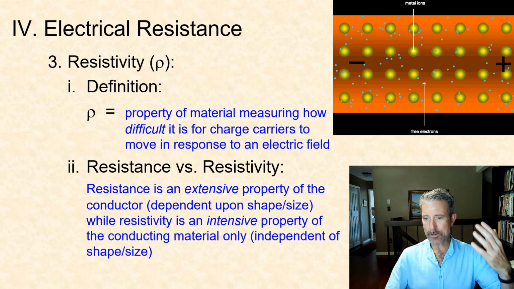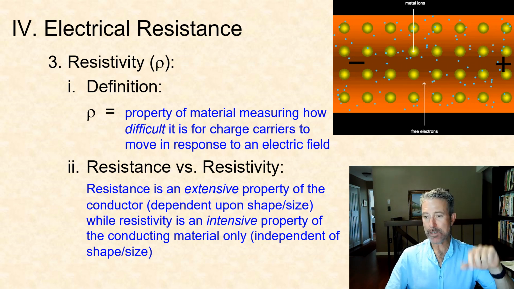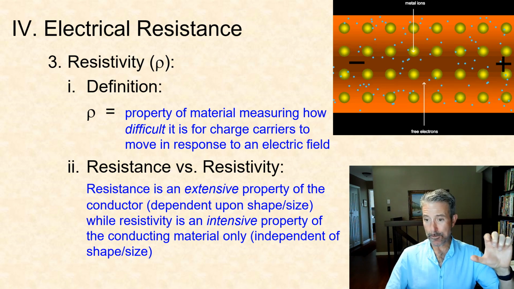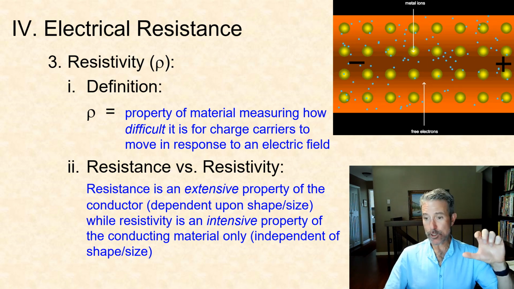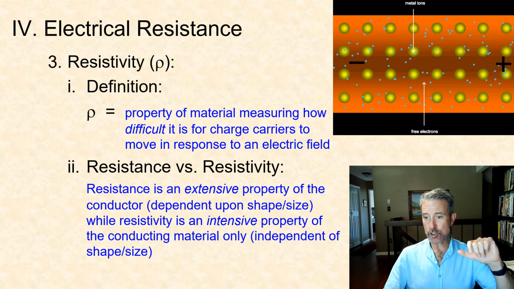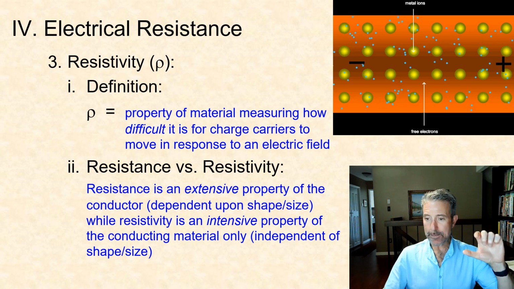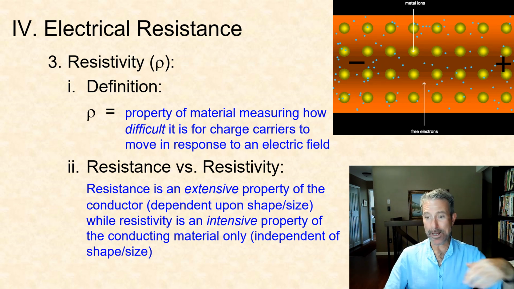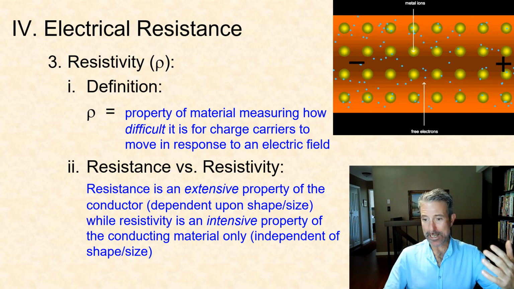It is a property of the material we call copper. But if you had a copper piece of wire, that piece of wire is going to have a certain amount of resistance, which does give you a measure of obstruction to charge flow. But the amount of resistance that that piece of copper will have will certainly depend upon the shape and the size of the copper sample.